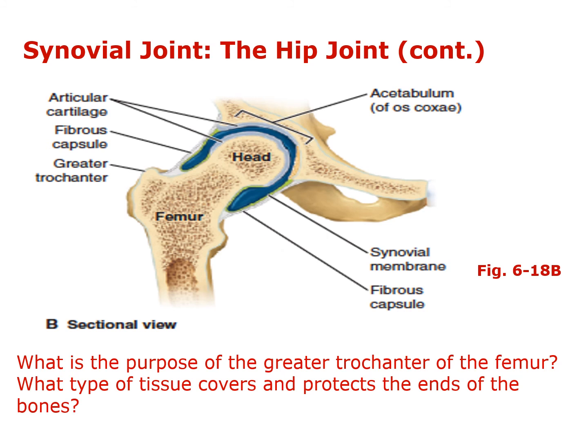The greater trochanter is a point for ligament attachment. What type of tissue covers and protects the ends of the bones? Articular or hyaline cartilage covers the ends of a bone. So that's ligament attachment right here.